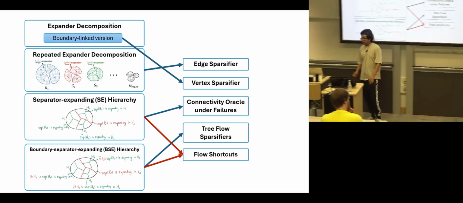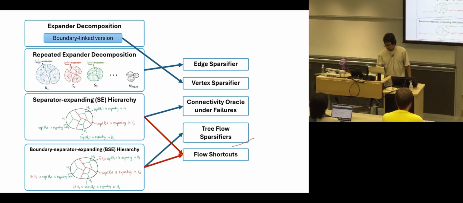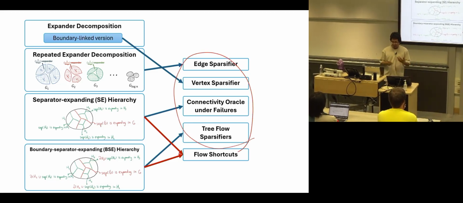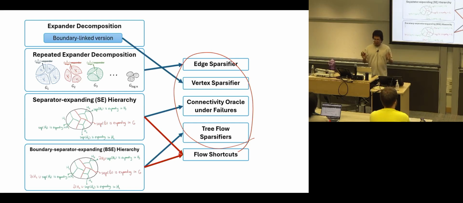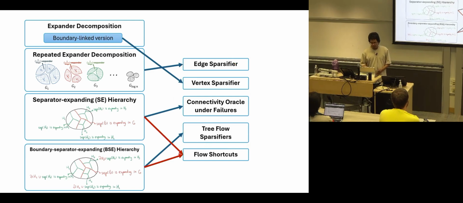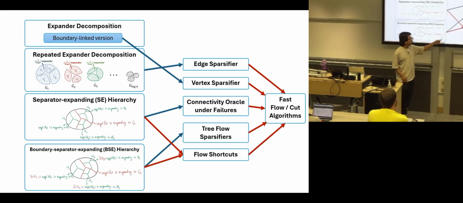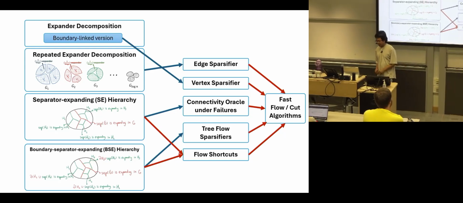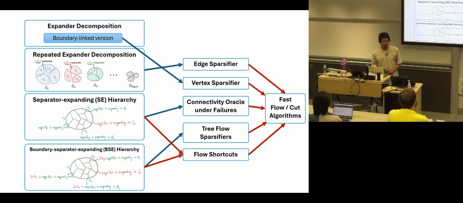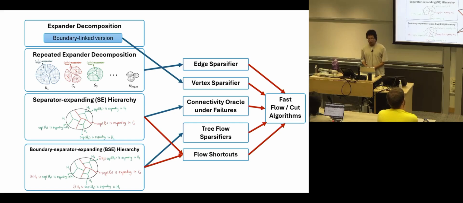But all these objects, hopefully you can appreciate without even caring about fast algorithms. It's just some kind of graph compression that is useful. But all these things turn out to be useful for fast flow or cut algorithms. Later we will see how to compute max flow fast. So the red thing is what we learn in the future. Okay.